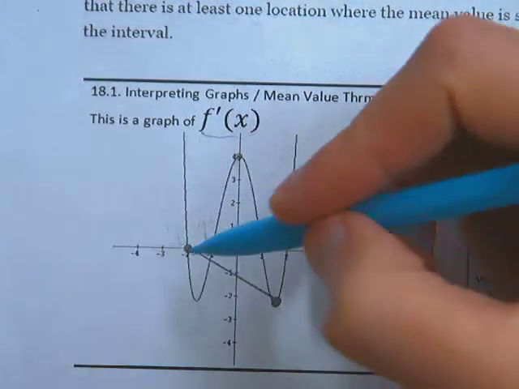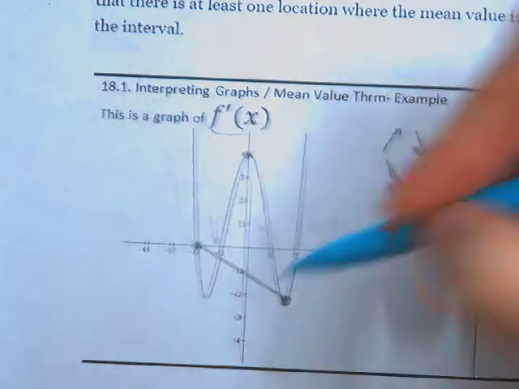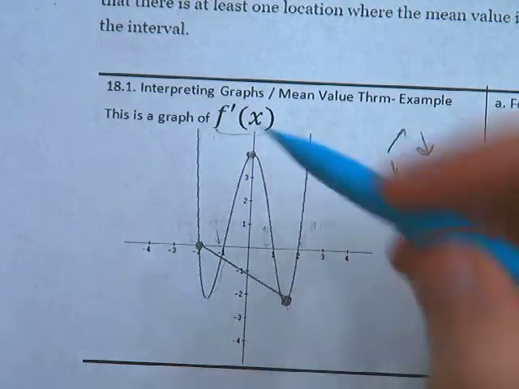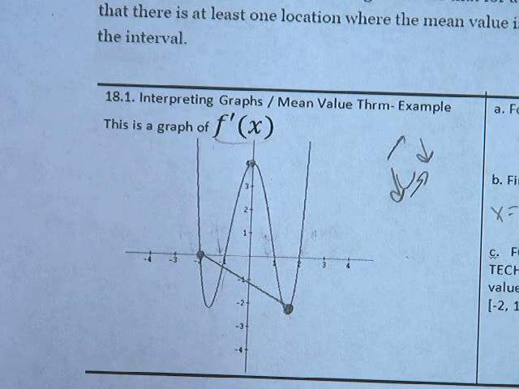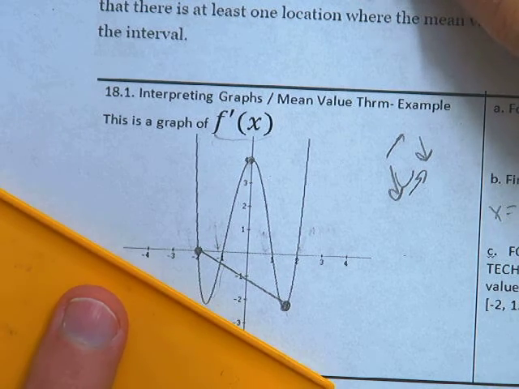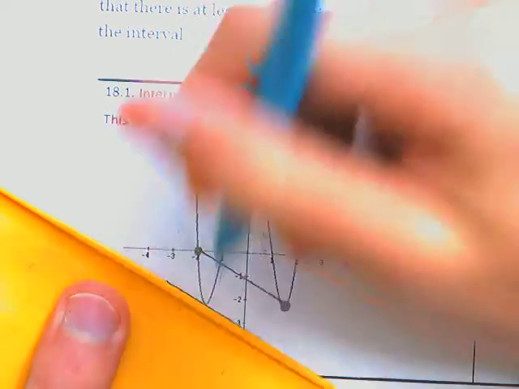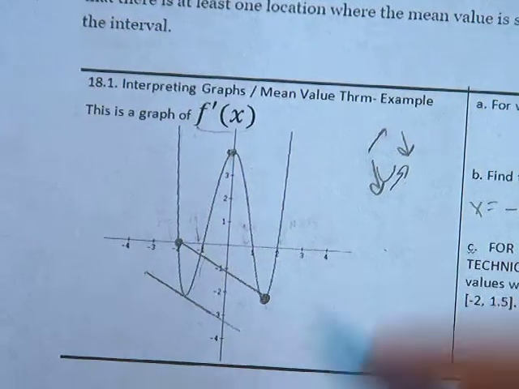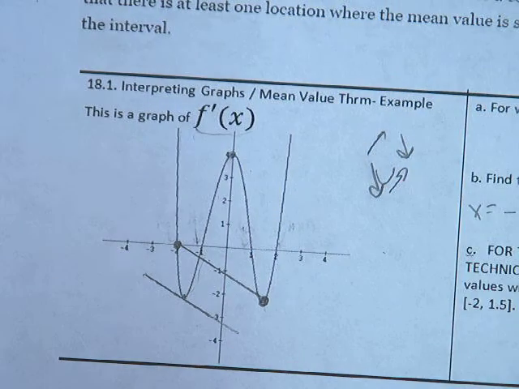And somewhere on the interval between these 2 points on this curve, my average slope needs to match my instantaneous slope. So I need to look for spots on the curve approximately where that would happen. So I see one right here. Like there. That spot looks like it has exactly the same slope as our average slope.